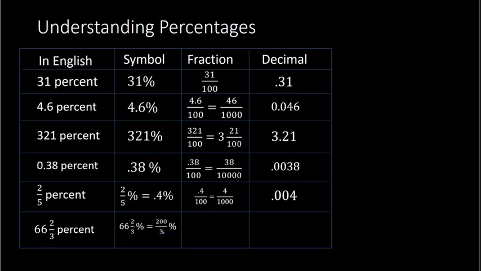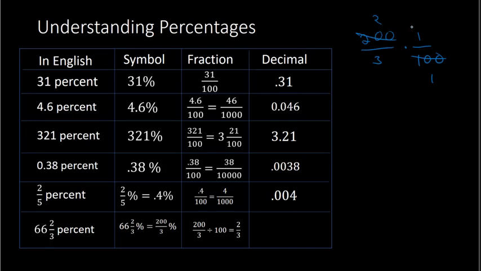Now as a fraction, I take this 200 over 3 and I divide by 100, just like I've been doing here. So 200 over 3 divided by 100. Now that is the same thing as multiplying by 1 over 100. So when I multiply, I can reduce anything on the top with anything on the bottom. 200 divided by 100 gives me 2 over 1.